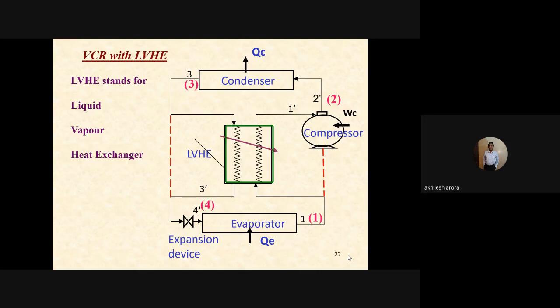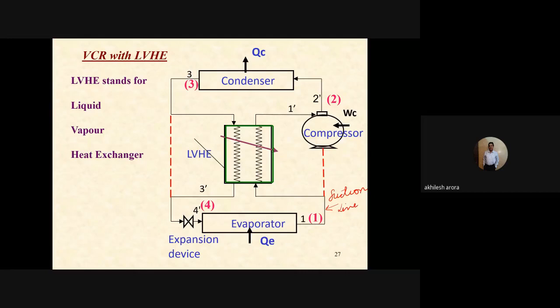Now this liquid vapor heat exchanger, or LVHE as its name is, okay, this is installed between the suction line and the liquid line. So you can see here what we have done, this line which is leaving the evaporator, this line is the suction line.